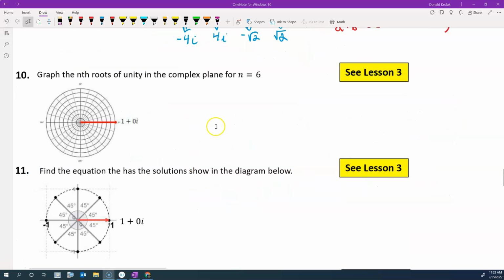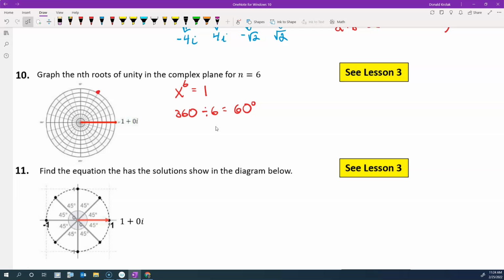Now, okay, so if n was equal to 6, the 6 roots of unity, well, they're going to be located every 60 degrees. There's 12 of them on the circle, so each one's 15 degrees apart.